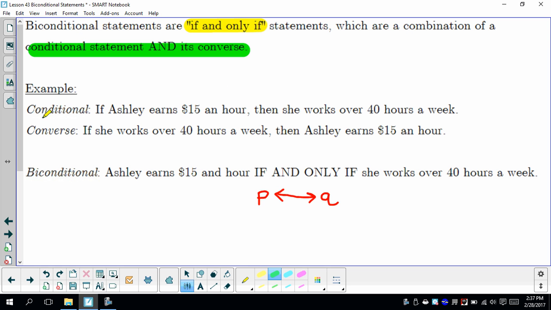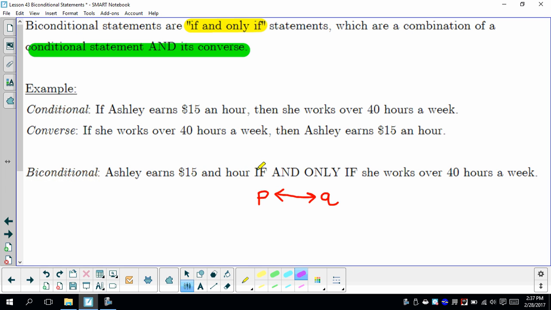So for example, if we have an original conditional, if Ashley earns $15 an hour, then she works over 40 hours a week. Its converse is if she works over 40 hours a week, then Ashley earns $15 an hour. We can sort of combine those two ideas and create what's called the biconditional. Notice there's no if at the beginning, and there's not going to be a then in here.